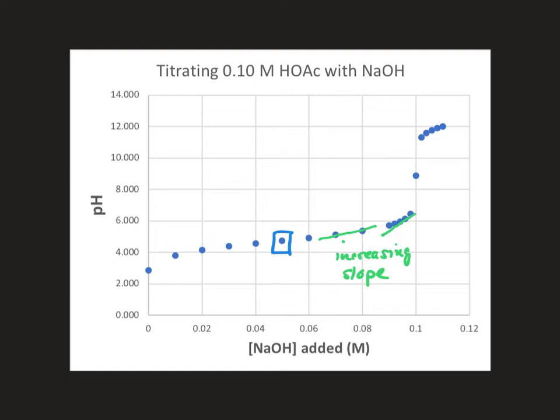But if we come up here and connect those two points and those two points, now we're back to a decreasing slope, which means between those we have a second inflection point.